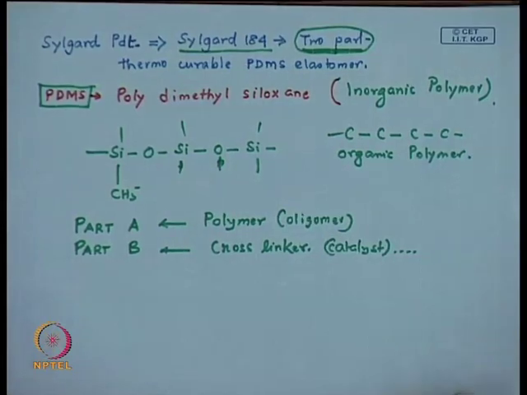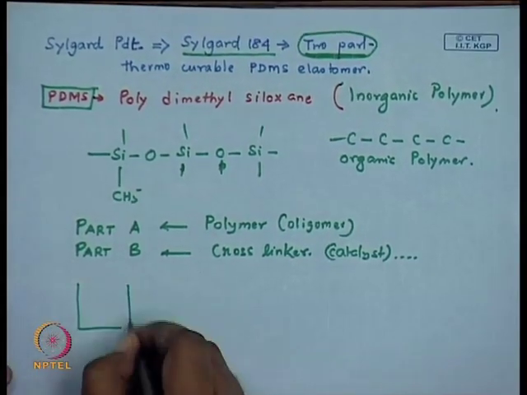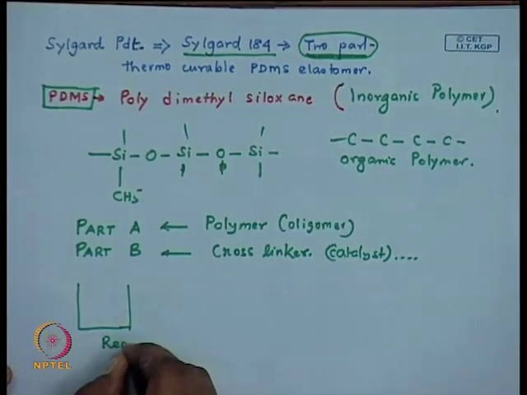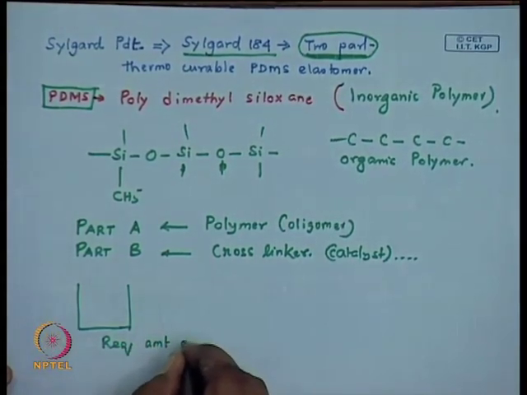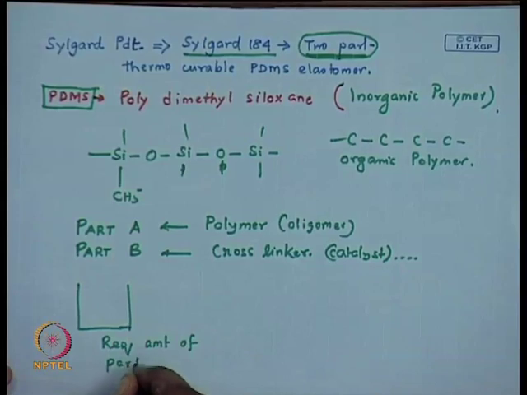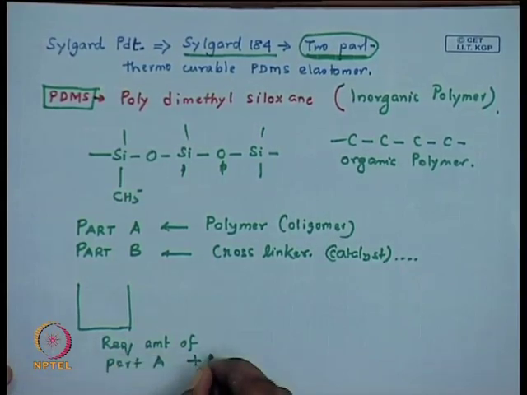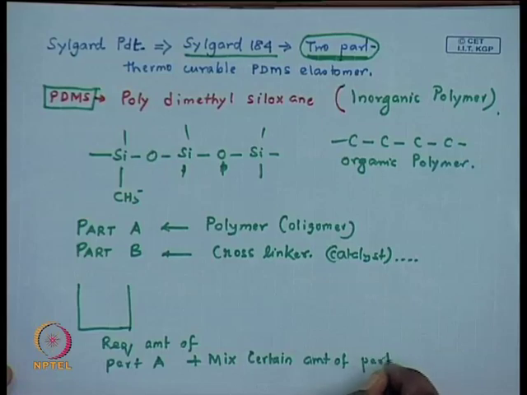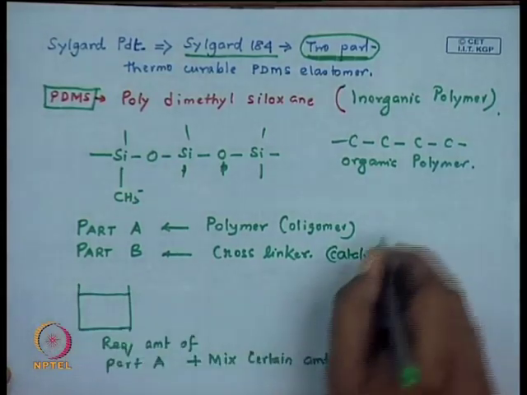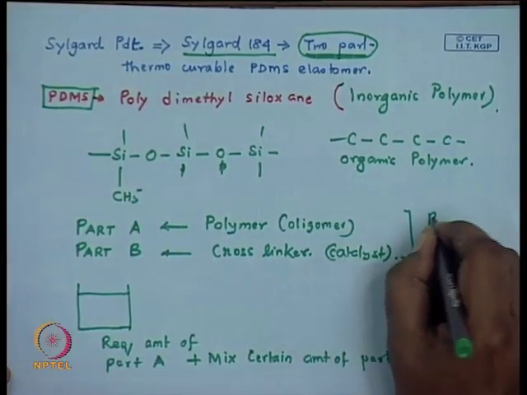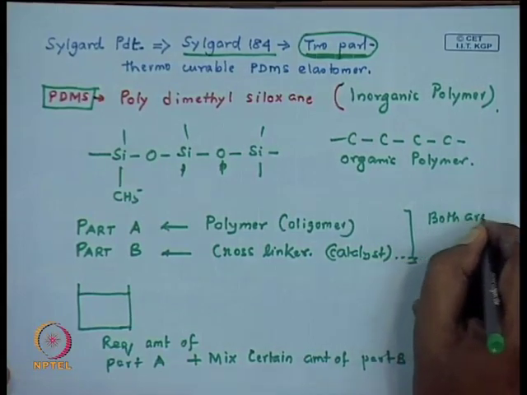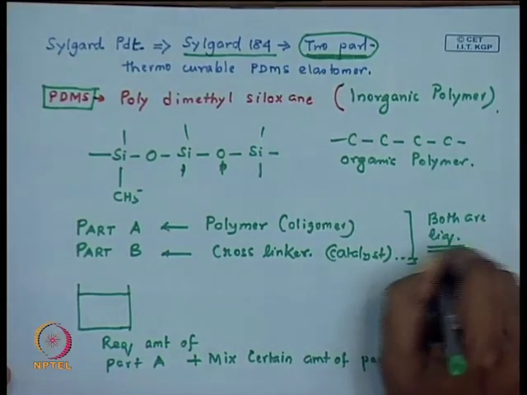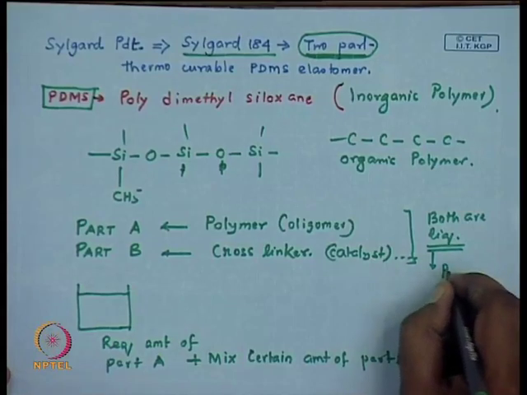All you have to do is take a requisite amount of part A and mix a certain amount of part B. At room temperature, both of them are liquid and part A is pretty high viscosity.